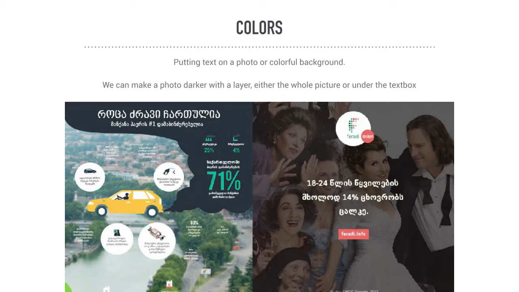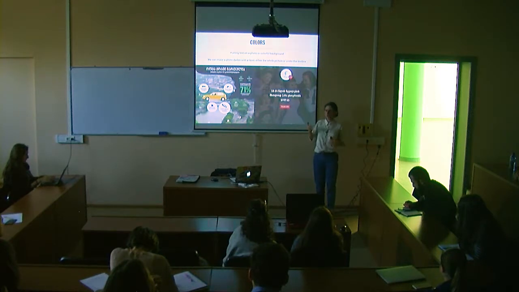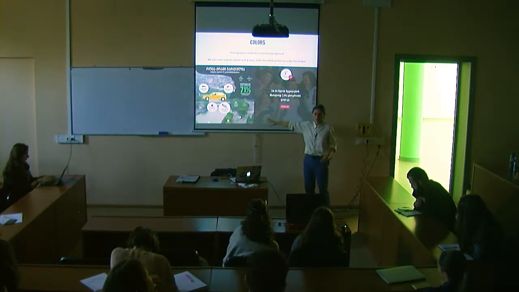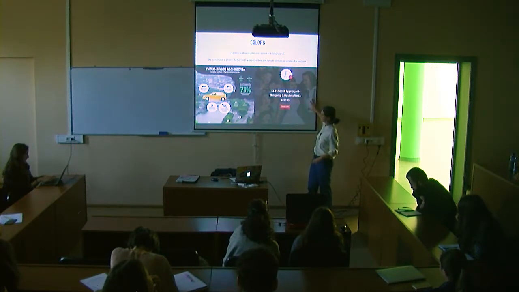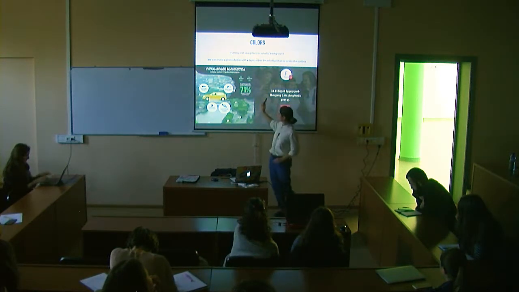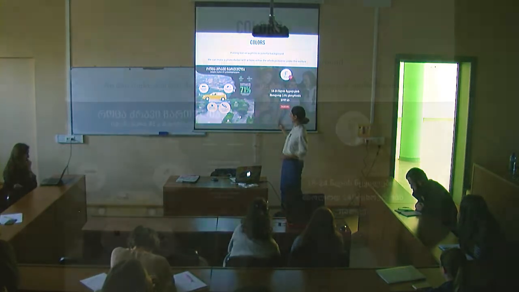Another trick is to have some transparent layer on top of the image, and it creates one shade over all the image, and we can choose the color of the font accordingly to create contrast. But this image is not so colorful anymore when we put a transparent layer on top of it. So those are the two most famous tricks of putting text on really colorful images.